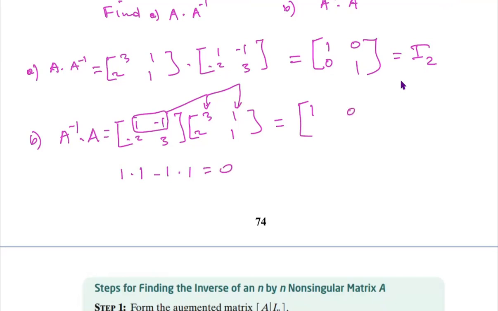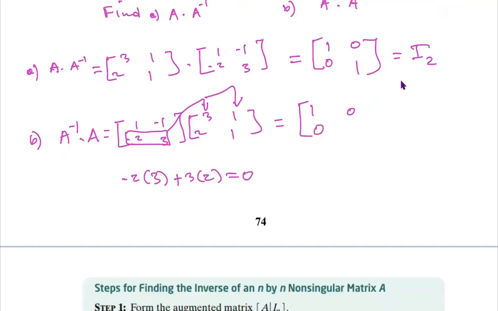Now I'm working with the second row of the first matrix that I'm going to distribute over all the columns. So let's start with the first column. So negative 2 times 3 plus 3 times 2, that is 0.